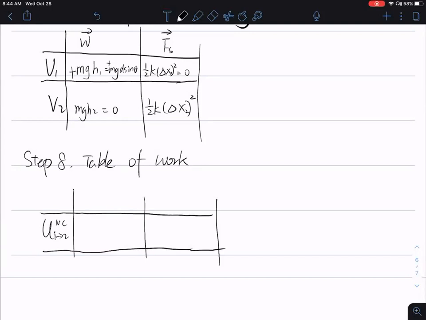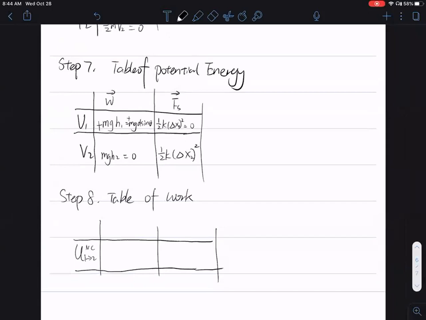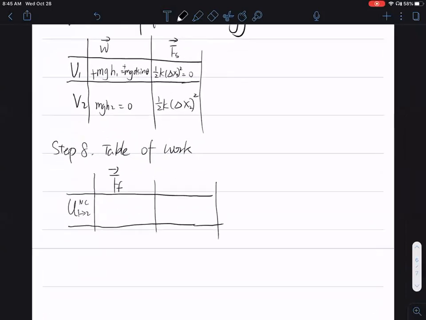From our last lecture, we mentioned most likely we only will see 2 different types of non-conservative forces. One is friction force, another one is external forces. Do we have friction force in this case? Yes, we do. There's a friction coefficient on that surface. So we have work done from friction.